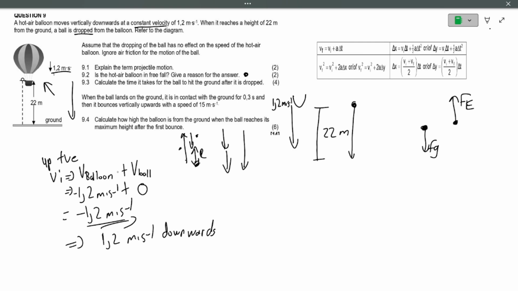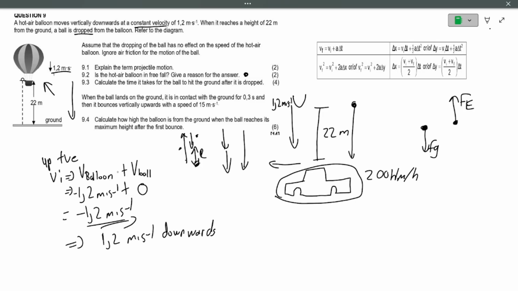It's like when you are moving in a car, and the car is going that way. When the car is moving at a speed of 200 kilometers per hour, everything inside the car is moving at 200 kilometers per hour, even you.